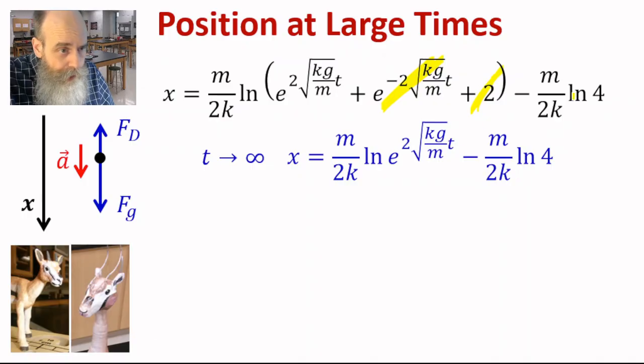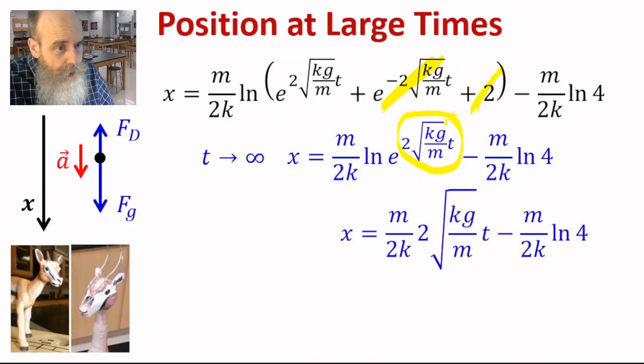Now, ln is the inverse of the exponential function. So once we work that out, it's just going to equal 2 square root kg over m times t. And so this is what we get: m over 2k, these things here, plus 2 square root kg over m times t, minus m over 2k ln 4.